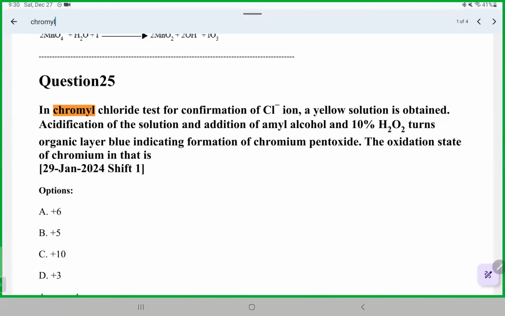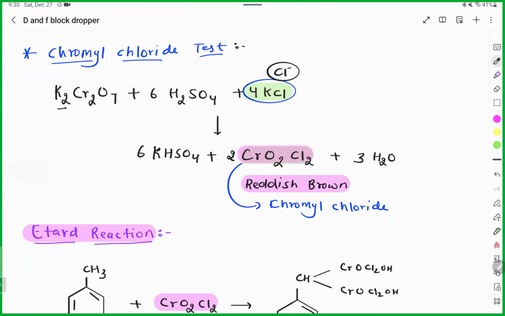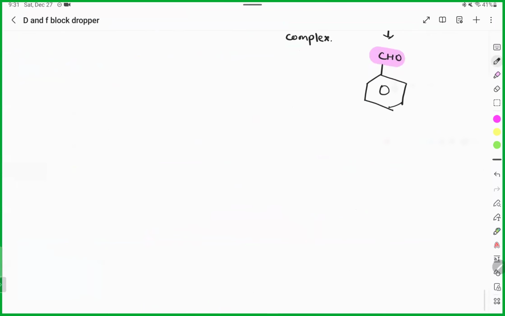Doesn't matter whatever you do. For example, if you take CrO2Cl2, it will be +6. In case of CrO2Cl2, let's say chromium as X, 2 oxygen minus 2 and 2 chlorine minus 1, equals 0. So it will be +4 +2, +6.